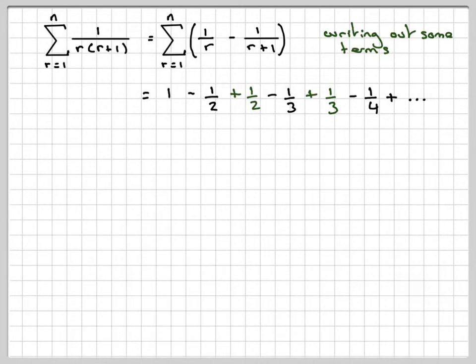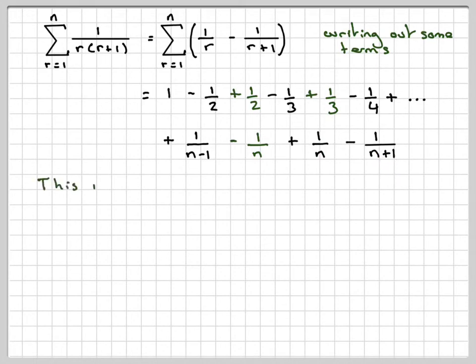The last but one term will be when r is n minus 1, so that will be 1 over n minus 1, and then when you put n minus 1 plus 1 you get 1 over n, and then the last time when it's n we're going to get plus 1 over n minus 1 over n plus 1.